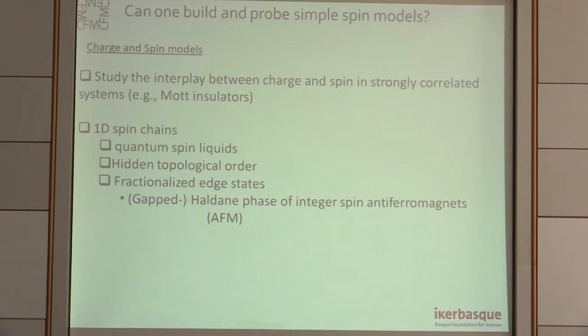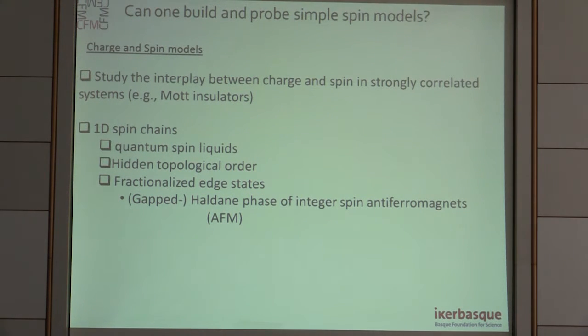And among the different models, spin chains are very important, not only because they are one of the simplest models that can be analyzed, but they have quite rich behavior and can show different states of matter such as quantum spin liquids, hidden topological order, or fractionalized edge states.